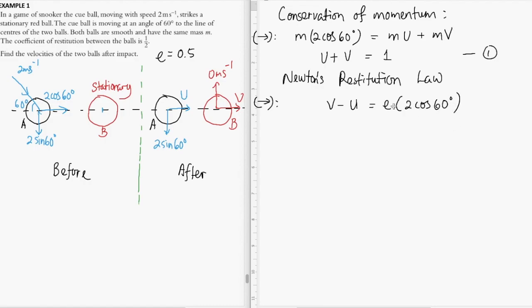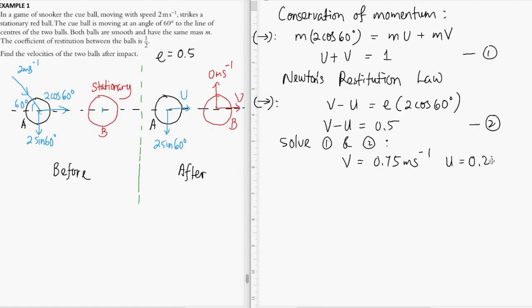Knowing that the coefficient of restitution is half, we obtain v minus u equals a half. That is our second equation. Next we solve equations 1 and 2, which is quite simple using either substitution or elimination. We arrive at v equals 0.75 meters per second, whereas u is 0.25 meters per second.